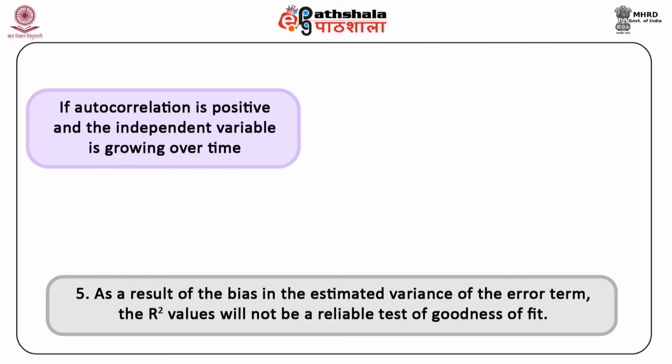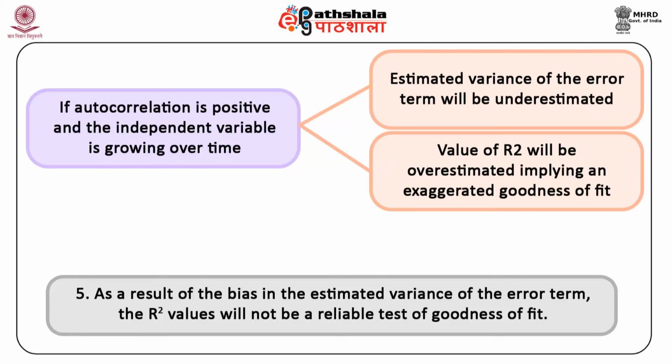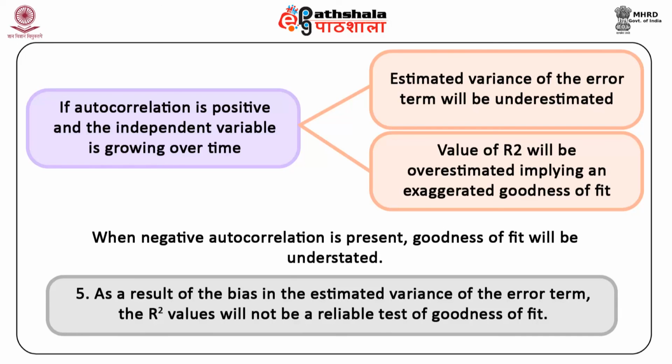If autocorrelation is positive and the independent variable is growing over time, then the estimated variance of the error term will be underestimated and the value of R squared will be overestimated, implying an exaggerated goodness of fit. Similarly, when negative autocorrelation is present, goodness of fit will be underestimated.